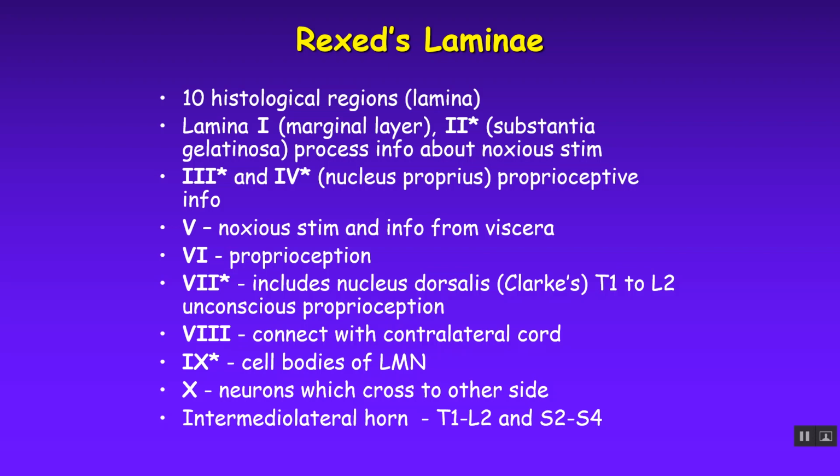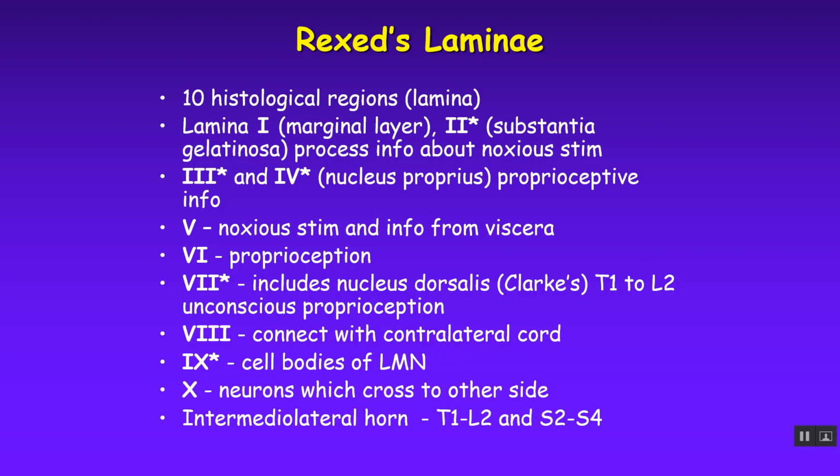Lamina 7 includes the nucleus dorsalis, Clark's nucleus, at T1 to L2 for unconscious proprioception, associated with your spinocerebellar pathways. That's your posterior spinocerebellar pathway, where some of that information comes from your lower body, goes up the dorsal columns until it gets up to Clark's nucleus at T1 to L2, communicates there, and then ascends.